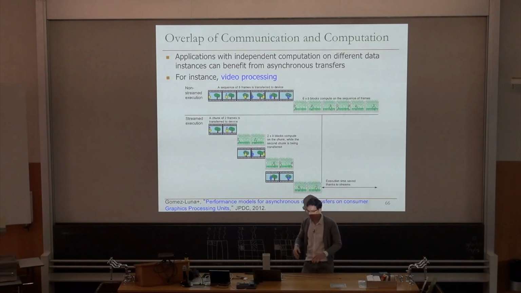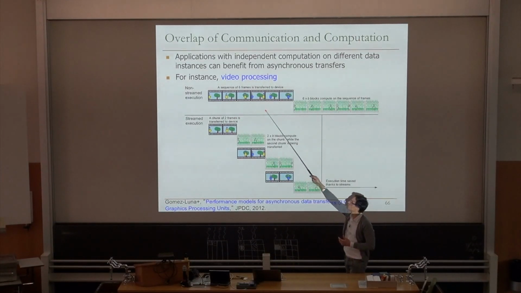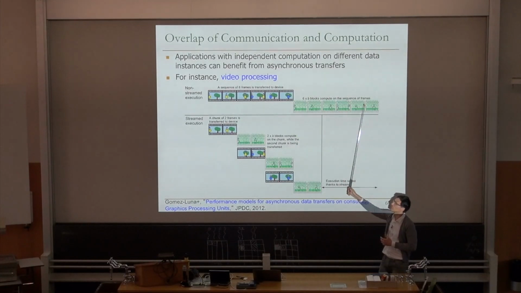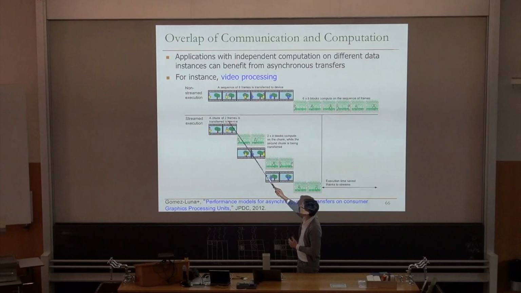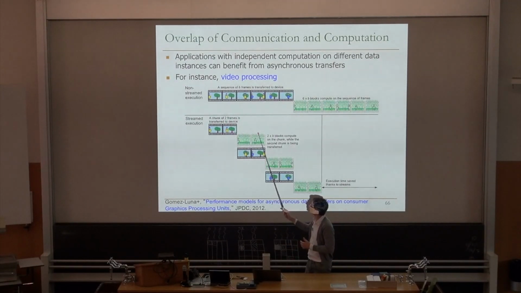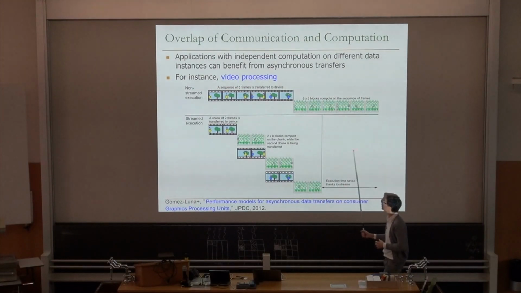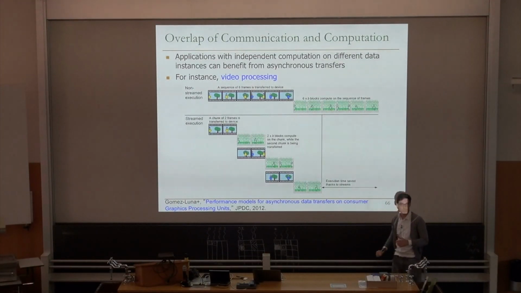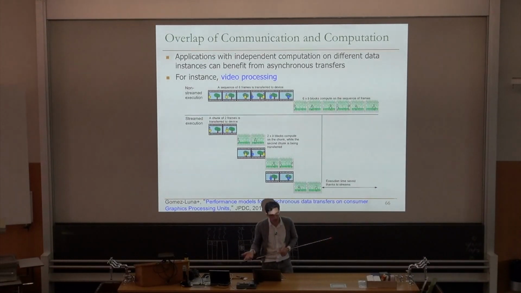So what we could do is, instead of transferring the entire video or the entire sequence, in this case 6 frames, from the CPU to the GPU and then start the computation, divide the video stream into some chunks of frames that are transferred. We start the computation and we overlap with that, and we can save all this amount of execution time. So this is a very simple example, but as you can see, it's really practical.